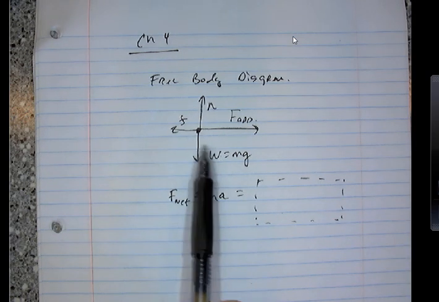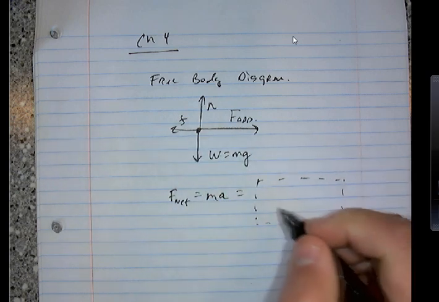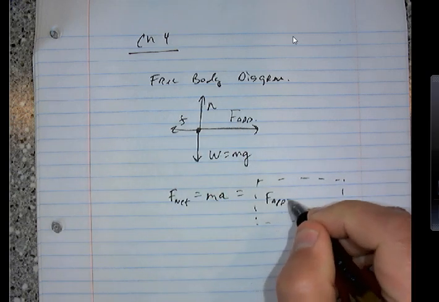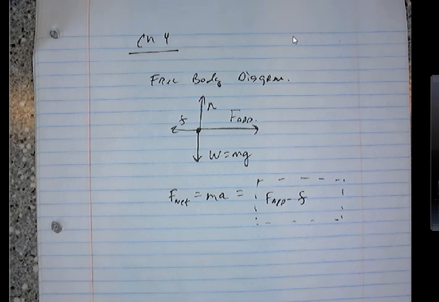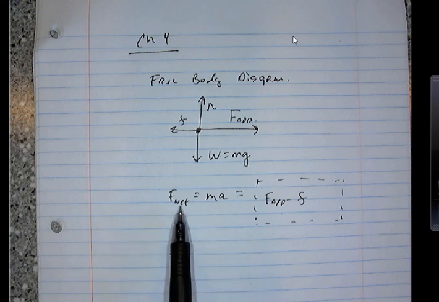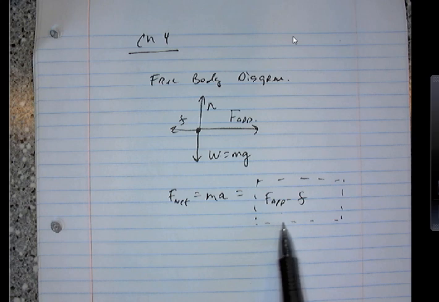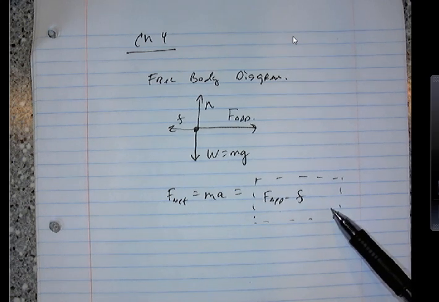There is an acceleration horizontally, though, because this is bigger than that. So I could put applied force minus friction, and then, depending on what I'm given, I could solve for different things. So make sure you know how to construct a free body diagram and also use Newton's second law. It seems so easy, maybe, net force equals ma, but it's definitely not easy. This is what makes it hard. You have to supply the forces that go here.